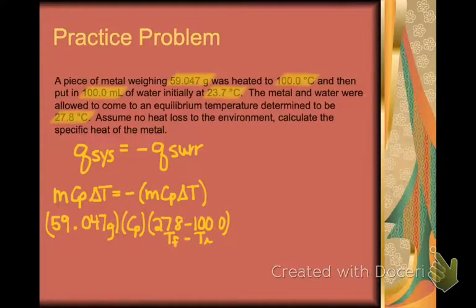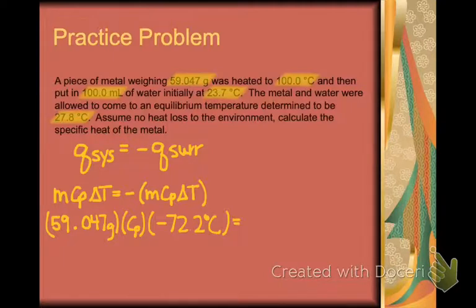Okay, so that's where I got those numbers. So that's one side of the equation. If I wanted to simplify, I could do that subtracting and put that number in there. So why don't I do that right now? When I subtract these two numbers, T final minus T initial in the case of the metal is going to be negative 72.2 degrees C. Okay, so that's one side of the equation.